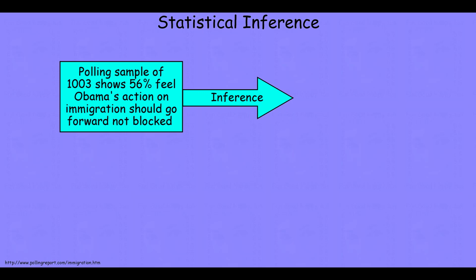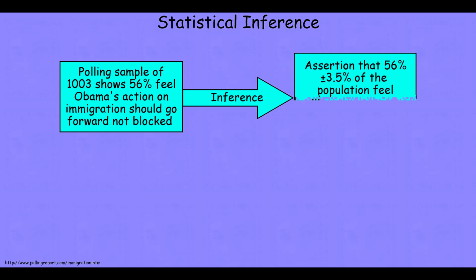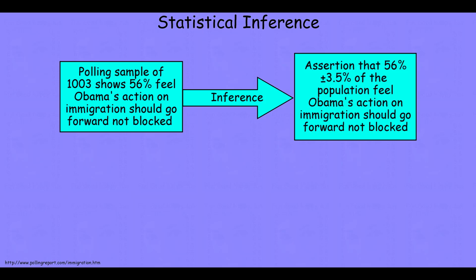Statisticians and pollsters then made an inference from that sample with its frequency to the frequency in the population. That inference said, my sample is going to provide me with good information for estimating the frequency in the population, but there will be differences, and so my inference will account for those differences.